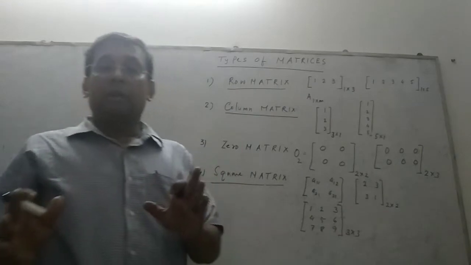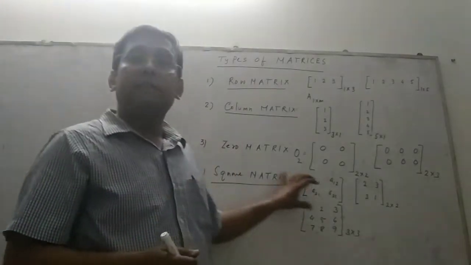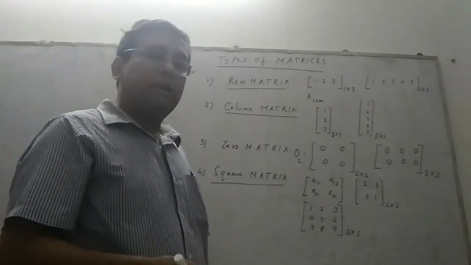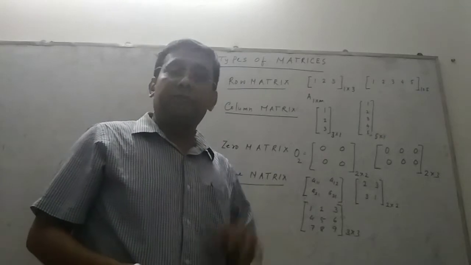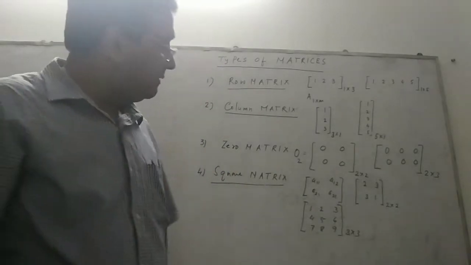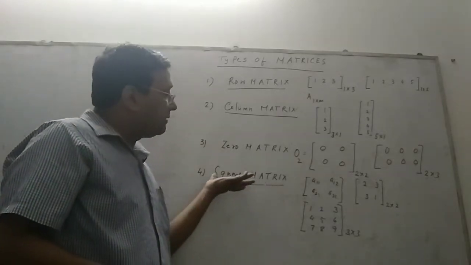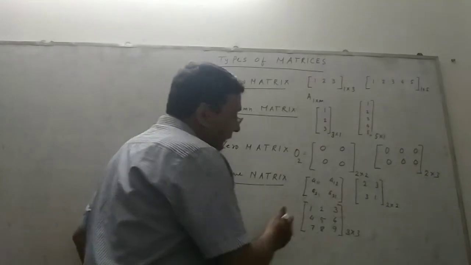As far as your class 12 syllabus, generally we shall concentrate on the square matrix in the long run, and particularly 2 by 2 and 3 by 3. This type of square matrix is very important in the class 12 syllabus, both for CBSE and ISC. So once we understand the square matrix, then we have to understand the concept of diagonals.